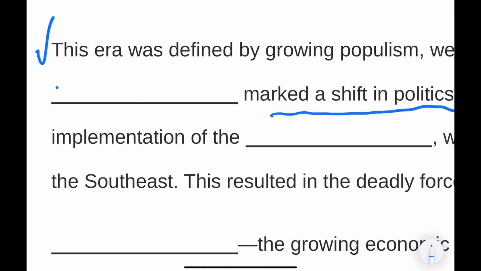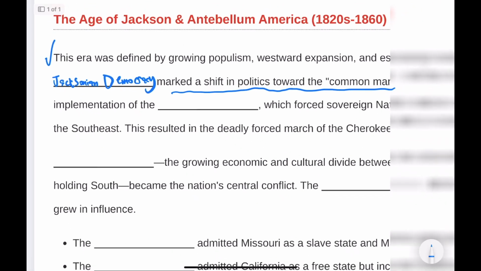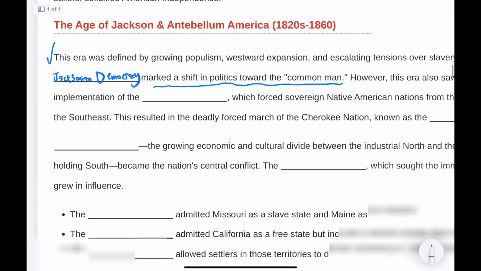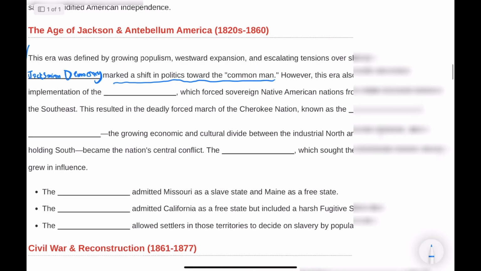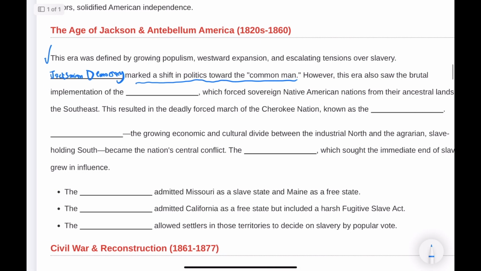Let's go here. There we go. However, this era also saw the brutal implementation of blank, which forced Native Americans from their lands.